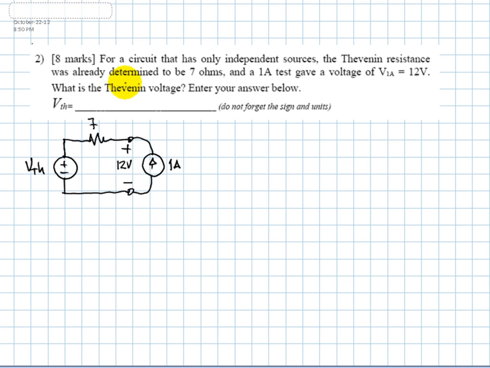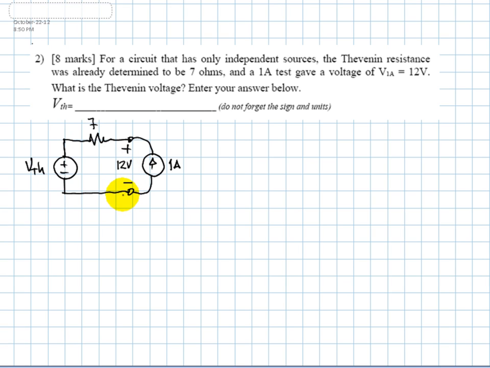For the second question, we're told for a circuit that has only independent sources, the Thevenin resistance was already determined. It is 7 ohms. And the 1 amp test gave a voltage V1A of 12 volts. What is the Thevenin voltage? Well, we know that the Thevenin circuit looks like that. VTH is unknown, but RTH is known, 7 ohms. We apply a 1 amp current source here, and the voltage that appears is 12 volts.